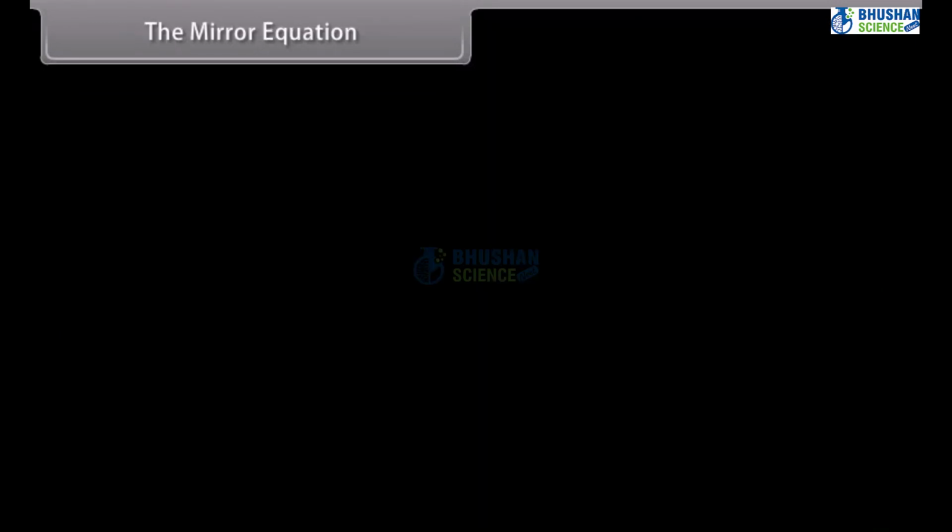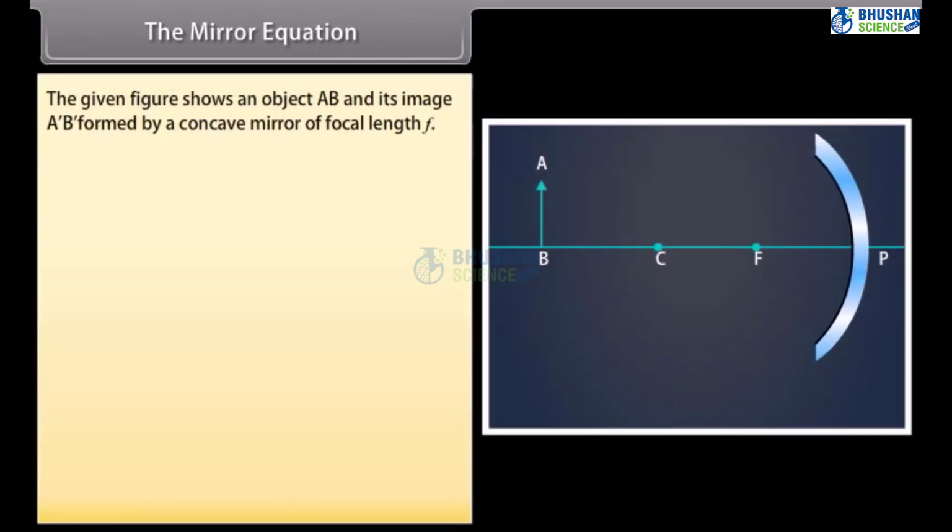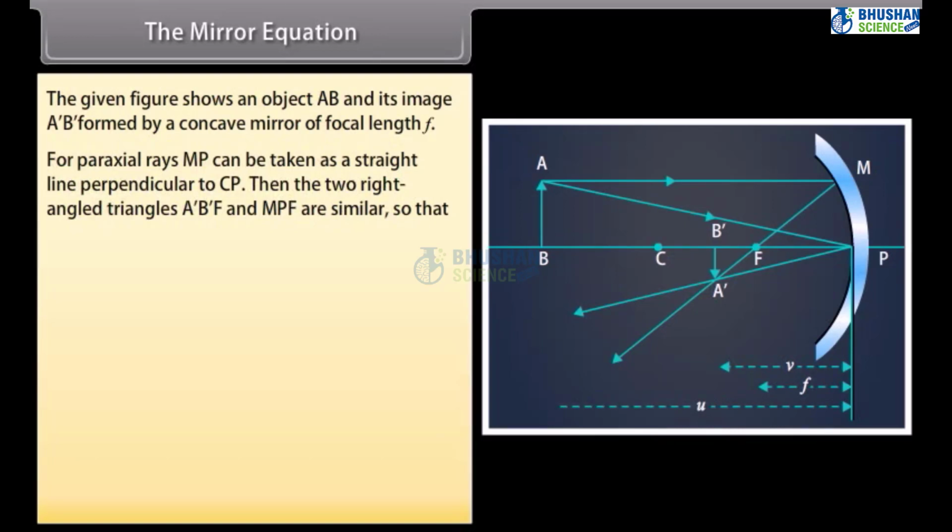The mirror equation. The given figure shows an object AB and its image A' B' formed by a concave mirror of focal length f. For paraxial rays, MP can be taken as a straight line perpendicular to CP.